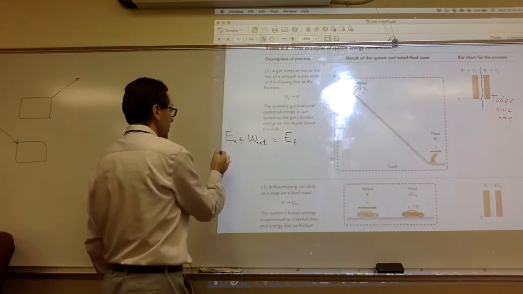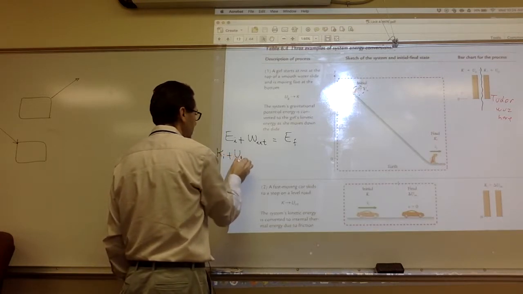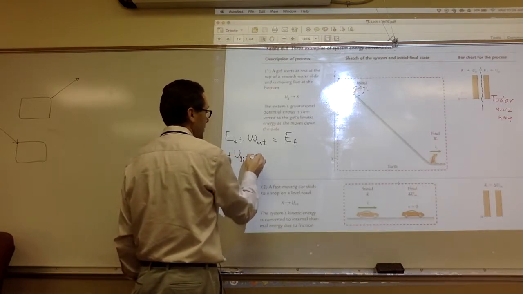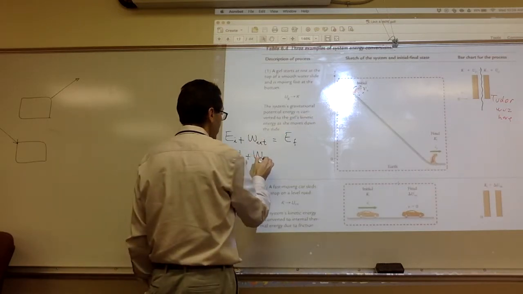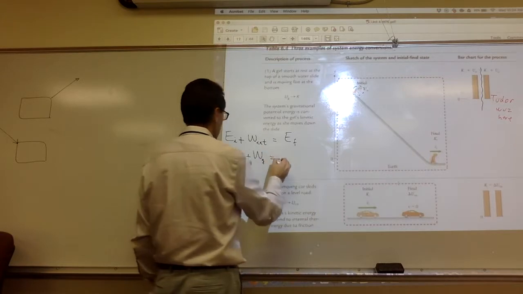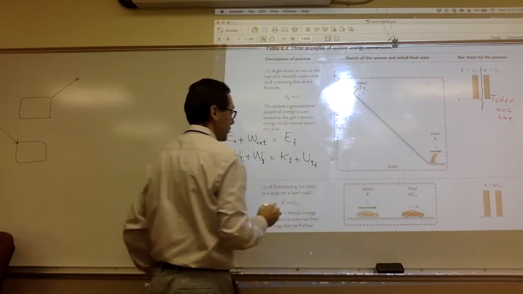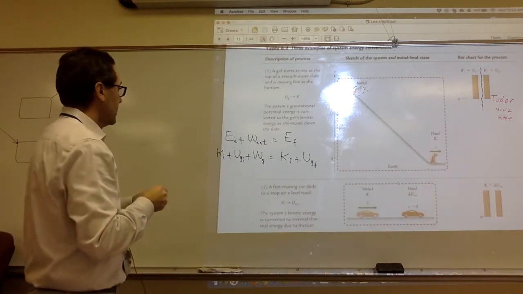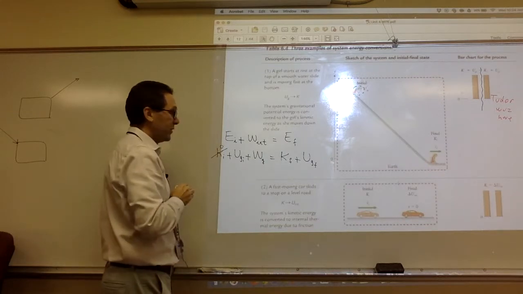Okay, so now I'm going to write Ki plus Ugi, just to show you what I mean. Now the work, I'm going to assume that it's frictionless. So the work done by gravity in this case equals K final plus Ug final. Now, let's just start with not moving.